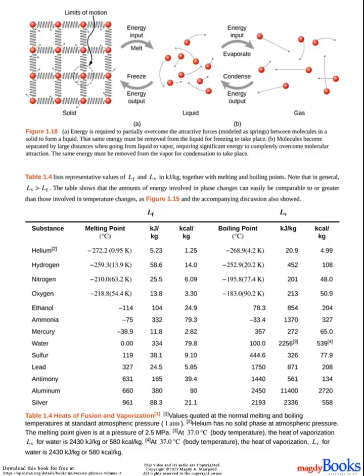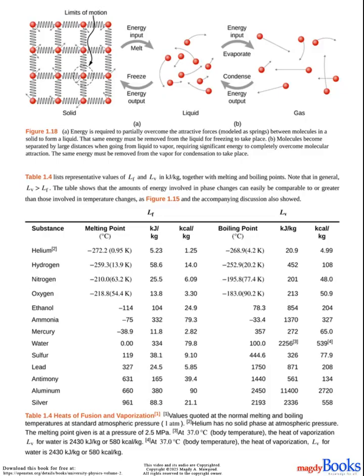Nitrogen. Melting point, negative 210.0 degrees Celsius, 63.2 K. 25.5 kilojoules per kilogram, or 6.09 kilocalorie per kilogram. Boiling point, negative 195.8 degrees Celsius, 77.4 K. 201 kilojoules per kilogram, or 48 kilocalorie per kilogram.